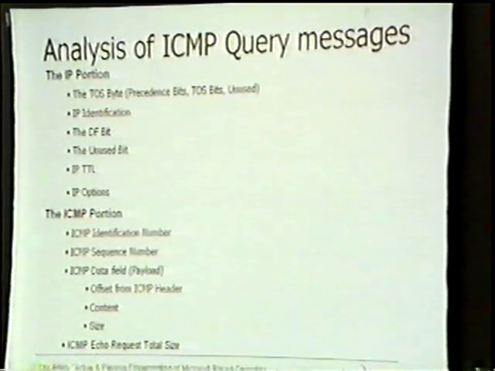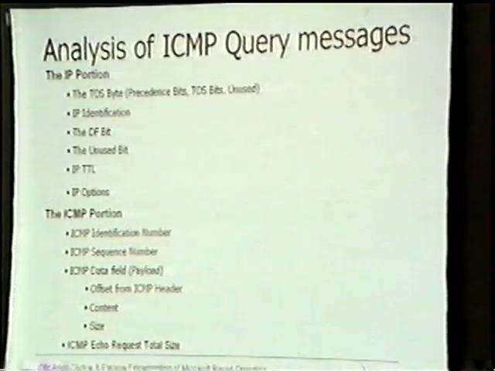The sequence number will help us to differentiate between a stream of ICMP queries aimed at the same host. This means that the combination of ICMP ID and ICMP sequence number will help us to differentiate between the ICMP datagrams. Questions? Okay.